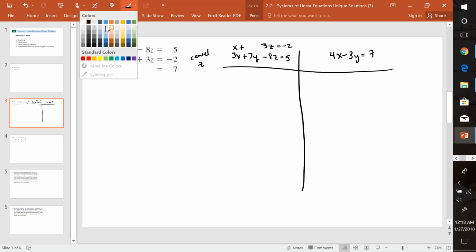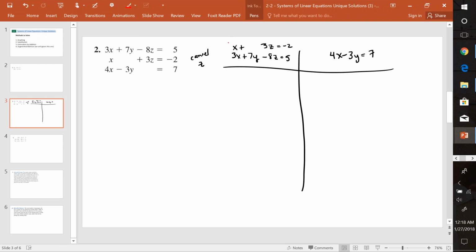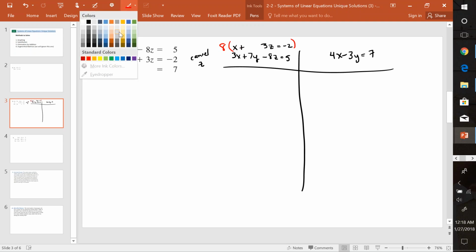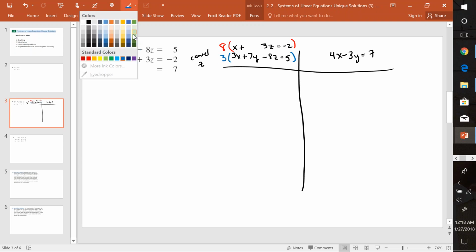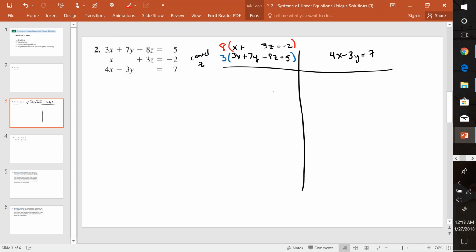So then I'm going to multiply the top equation by positive 8 to make this 24, because 3 and 8 both go into 24. And I'm going to multiply the bottom equation by a 3. So then the top equation would become 8x plus 24z equals negative 16.